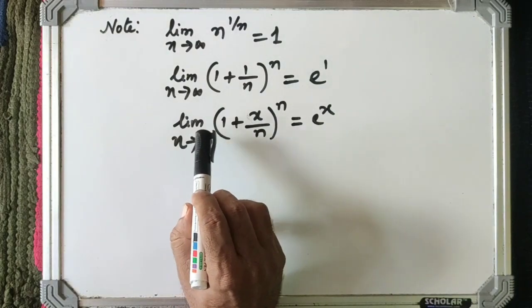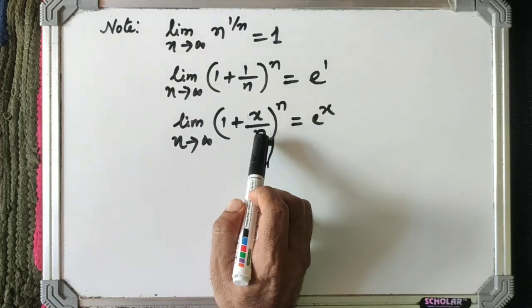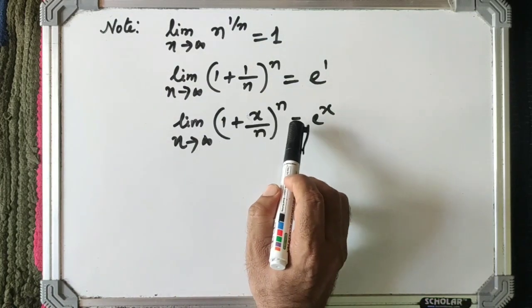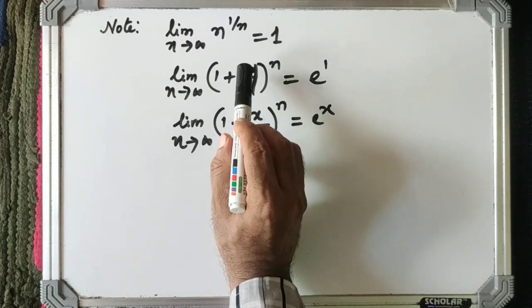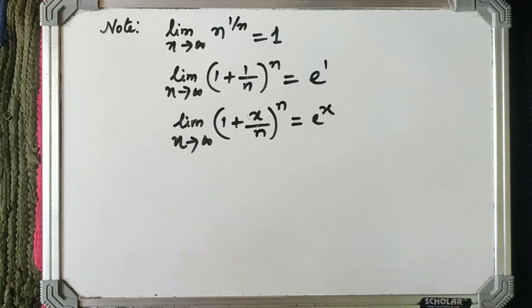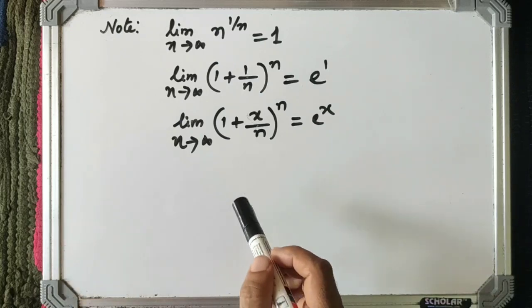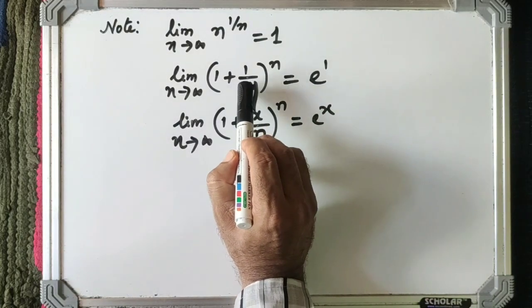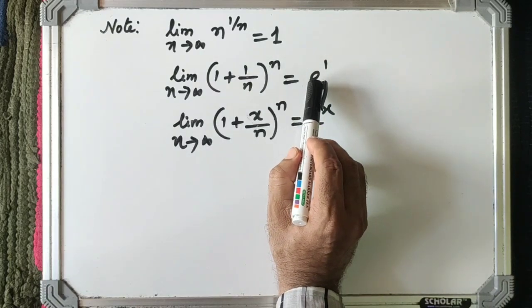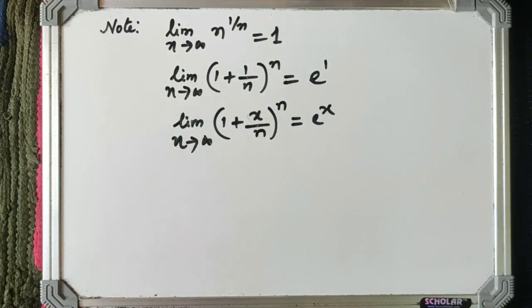Similarly, the limit of 1 plus x divided by n whole power n as n converges to infinity is equal to e power x. Even if you have root n here, then also the limit is e power 1, or e.